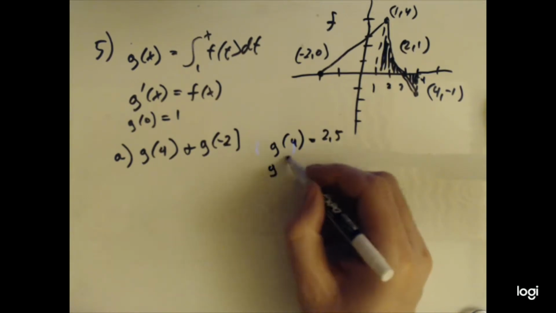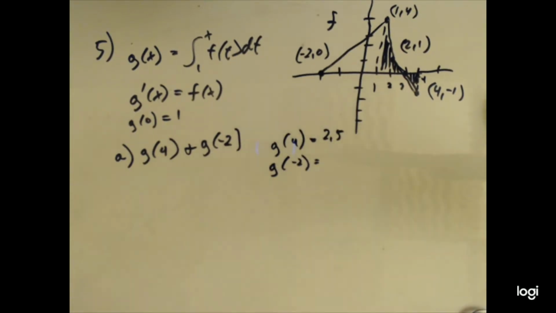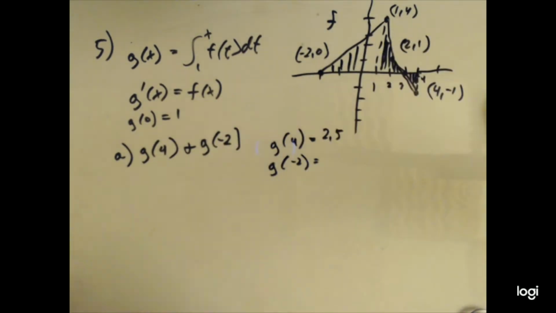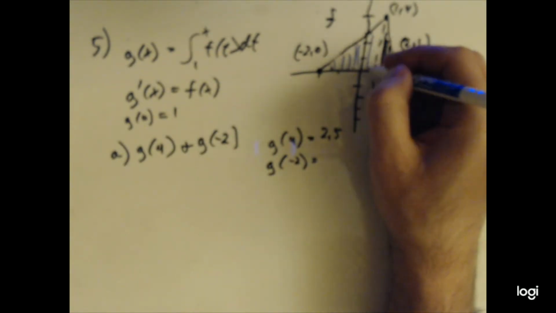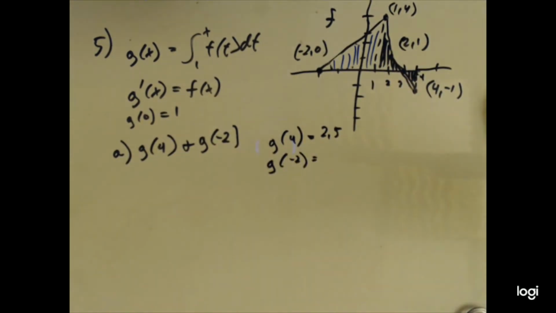Now g of 6, sorry, not g of 6, g of negative 2. If we go the other way, if we go left, notice that's this area here. I'm going to do this in blue. That's this area here. But since we're going left, we essentially add in negative area.